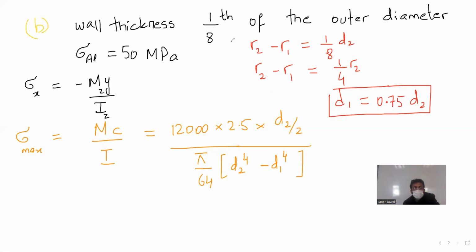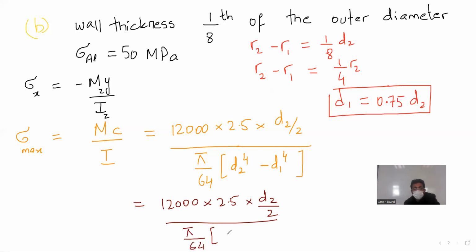So last but not least, you will do number crunching. So here you will have 12,000 multiplied by 2.5 multiplied by D2 over 2 divided by pi by 64. Then you have, did you get the same thing by the way? Ahmed is your name, right? Yes, I get.